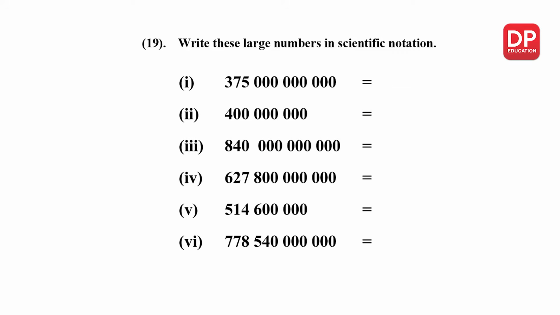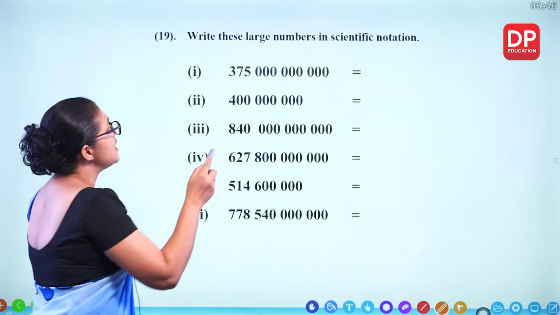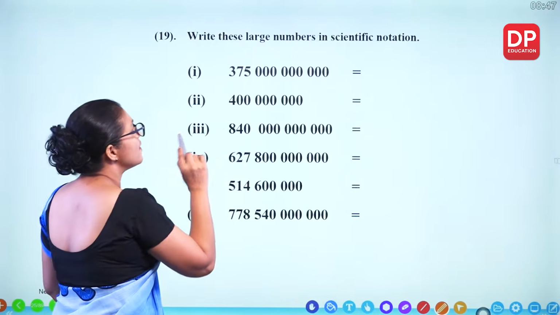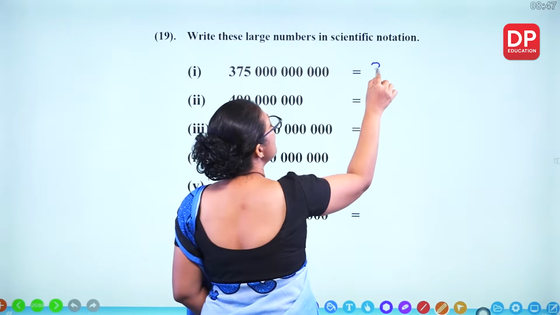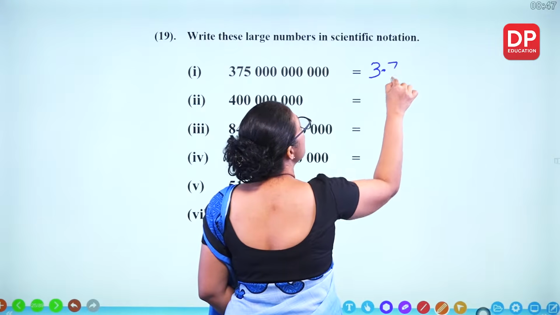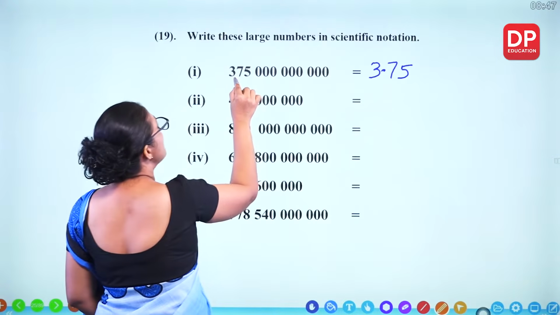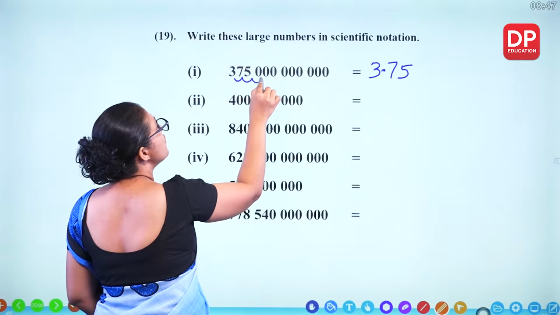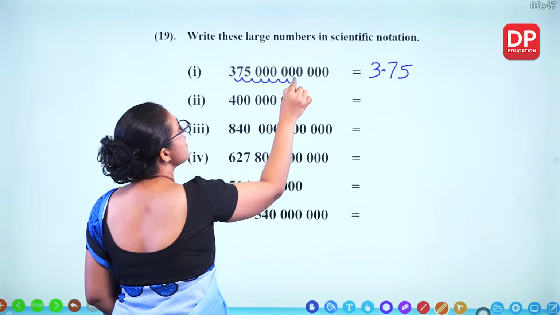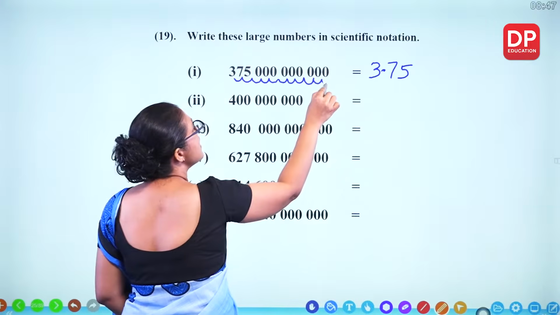Write these large numbers in scientific notation. Now, large numbers means you get a positive power. What's the number? 3.75. How many places you have to move? 1, 2, 3, 4, 5, 6, 7, 8, 9, 10, 11.